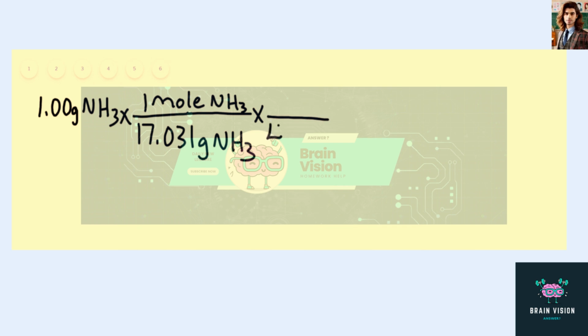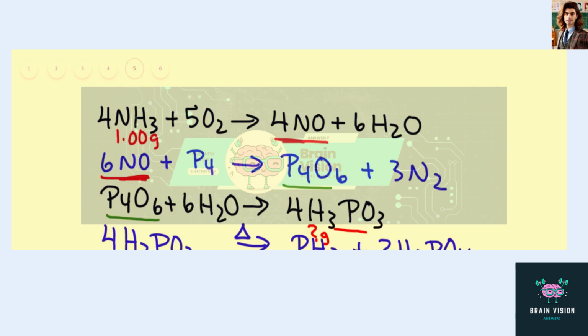Four moles of NH3 were able to form 4 moles of NO. Let's go back and take a look at the reactions again. 4 moles of NH3 were able to form 4 moles of NO. Then 4 moles of NO can then be related to the second reaction. In the second reaction, 6 moles of NO were able to form 1 mole of P4O6.